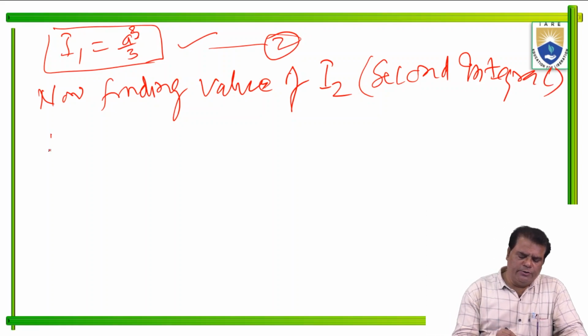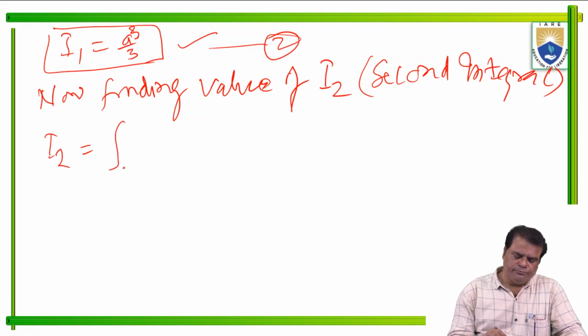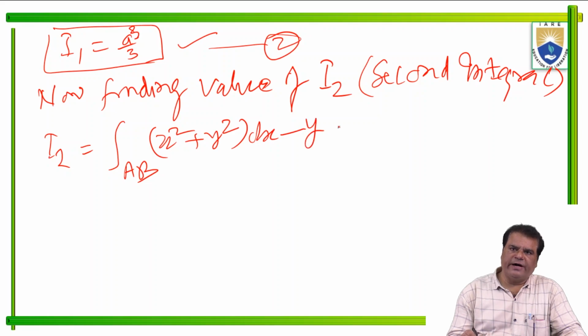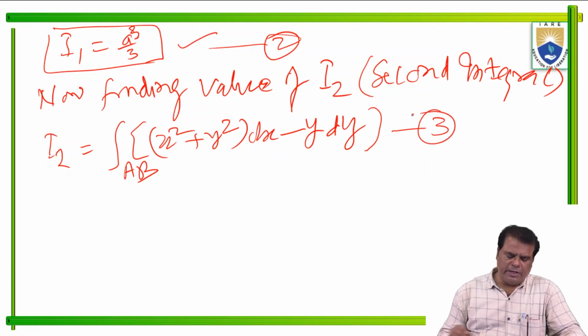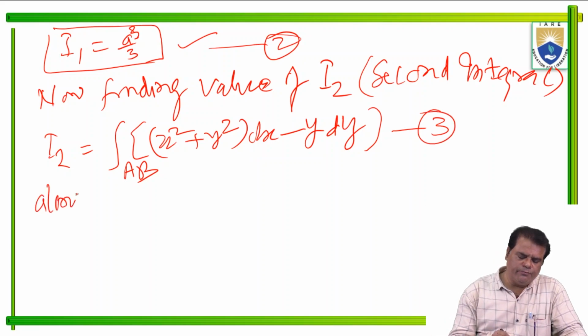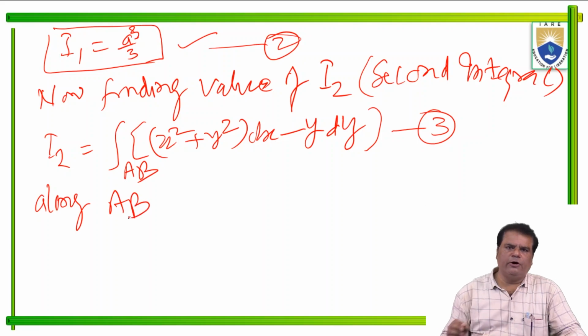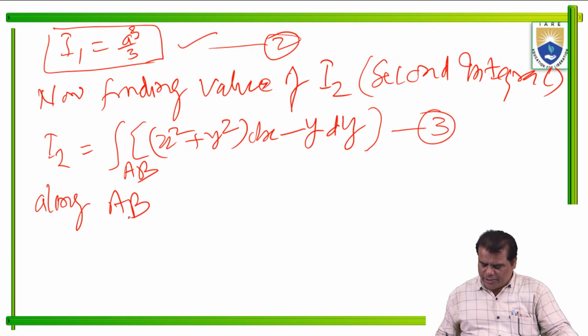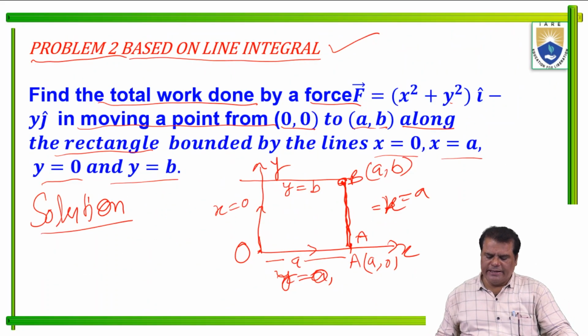So I2 is equal to the integration over AB of (x² + y²) dx minus y dy. This is the third integral. Along AB, what is it in the diagram?